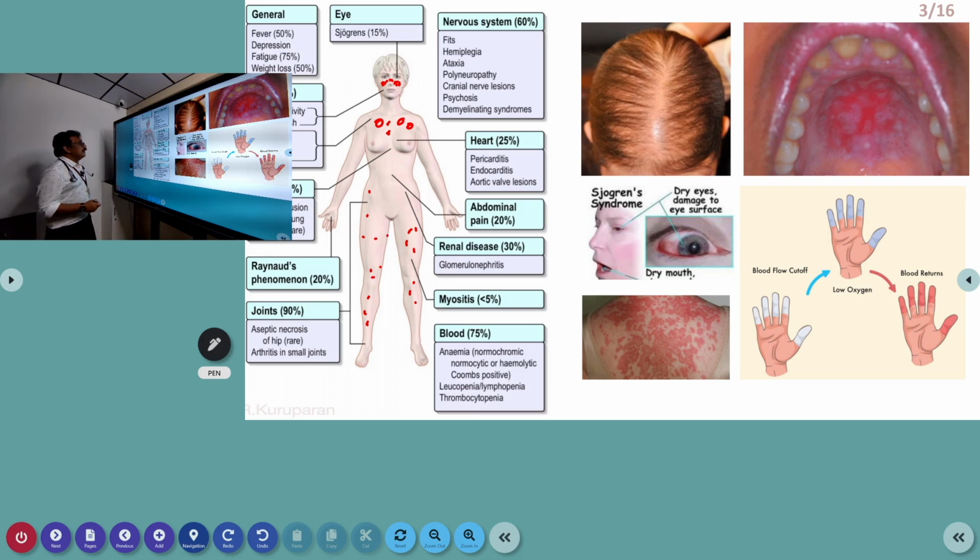But if you see the findings, many patients can have fever. Because of this chronic illness, many will have depression, fatigue, weight loss and all. So that will be the general finding. And if you see the eyes, 15% of the patients can have dryness of eyes, that is called Sjogren syndrome. But the major chunk of the patients can have skin disorder. So that is a classical finding you see in SLE.